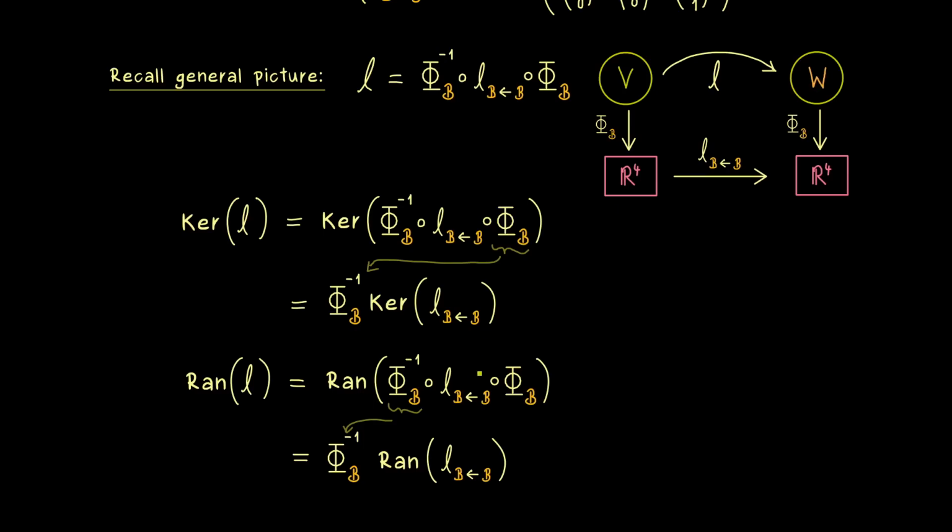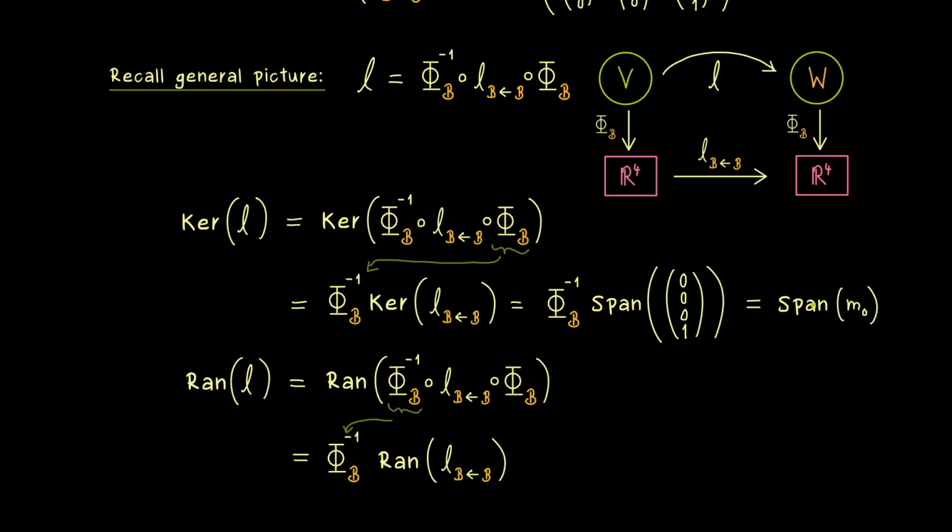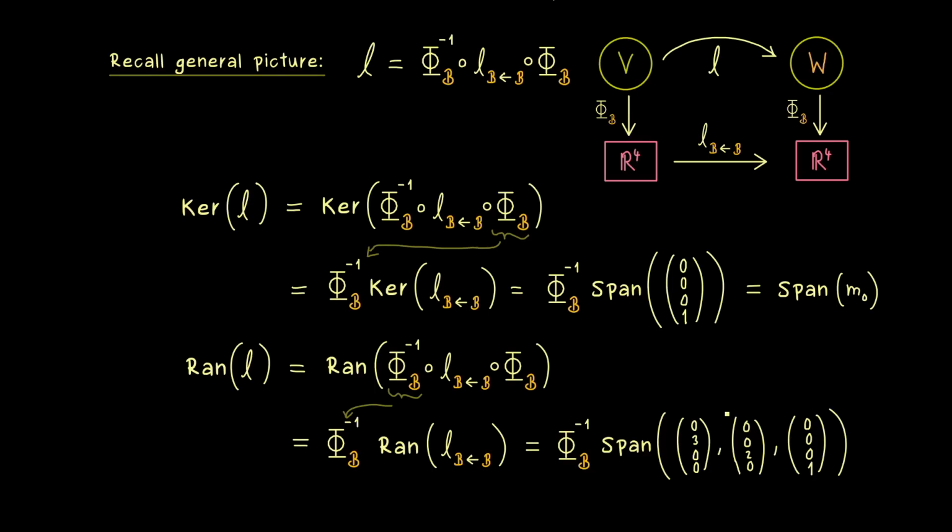So let's start with the kernel, and there we only have the question, what does this vector in R4 represent in V? And our basis isomorphism tells us that this one is M0. In other words, all constants in the polynomial space give us the kernel of L. Very well, and now we can do exactly the same thing with the range of L. There we have to transform three vectors, but we also see it's not hard at all, because it's simply M2, M1 and M0.